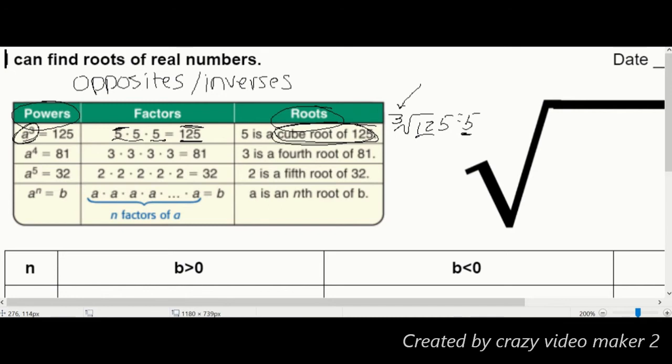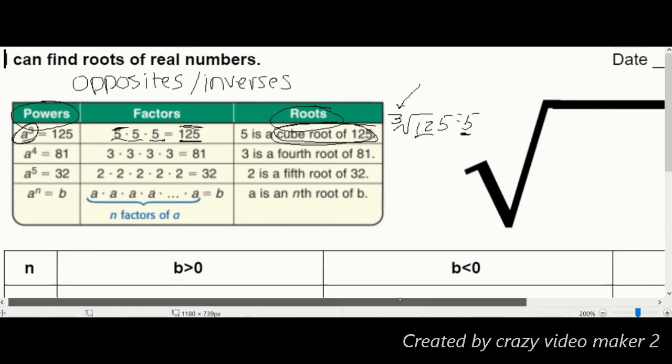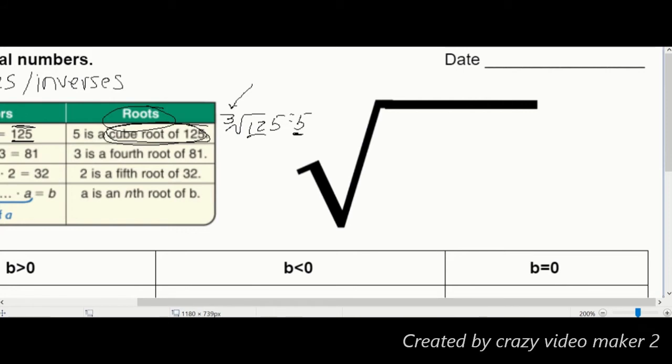So specifically, if we look over here at this symbol, it looks like the division symbol, but it's actually called a radical symbol. With our radical symbols, we're going to have a number here on the outside.